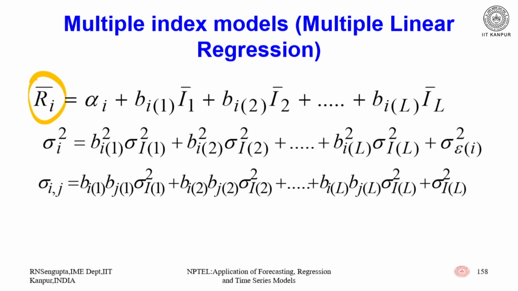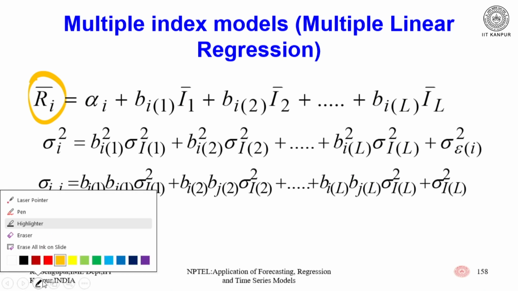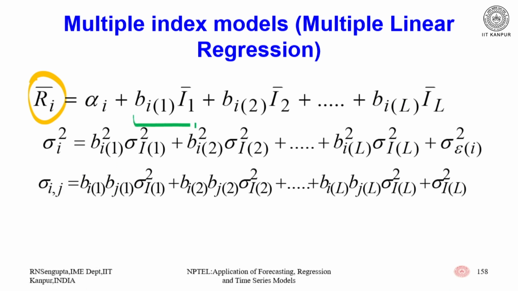Alpha is fixed, so its expected value remains fixed, and then beta 1 into x1 till beta k into xk, which are given as b_i1 till b_iL, as I have already noted in the last slide. As per the assumption, the expected value of the error is 0, so that term does not appear.